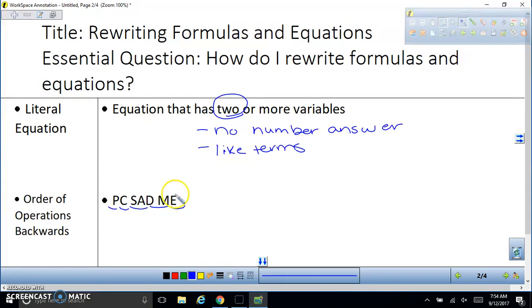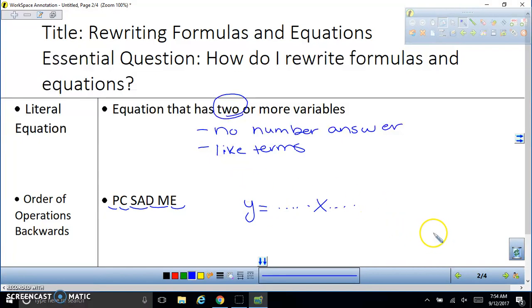We're going to get to that next. This means that you're going to have a variable equals, and somewhere in here there's going to be another variable. That means isolate the variable that you want to get by itself.